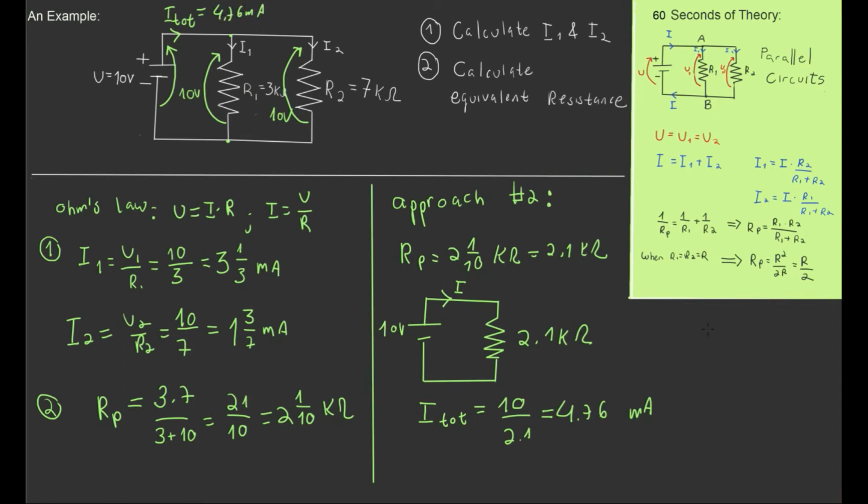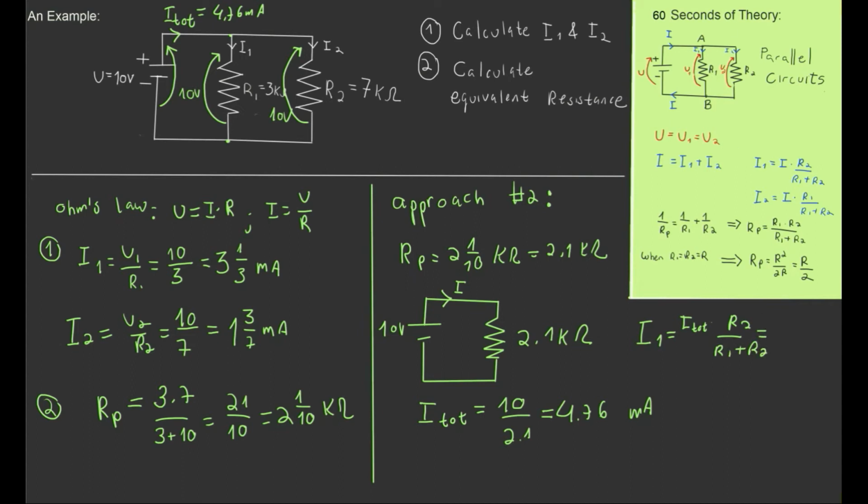And now we can use the formulas of current distribution in a parallel circuit to calculate the current within each of the branches. And I1 would be I total times R2 divided by R1 plus R2.